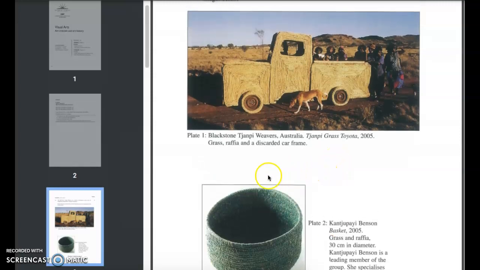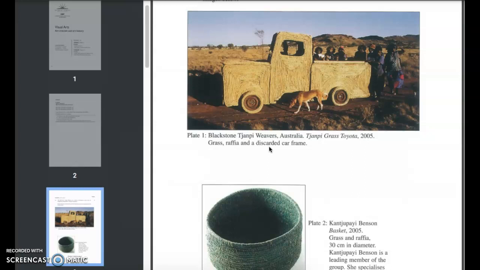So this is the artist, or the artists, the Blackstone Punjabi weavers. It was made in Australia, and this is the title, Punjabi Grass Toyota, made in 2005. Grass, raffia, and a discarded car frame are obviously the materials.